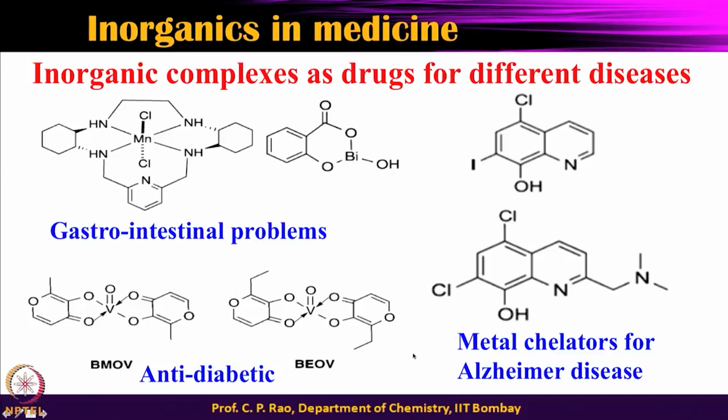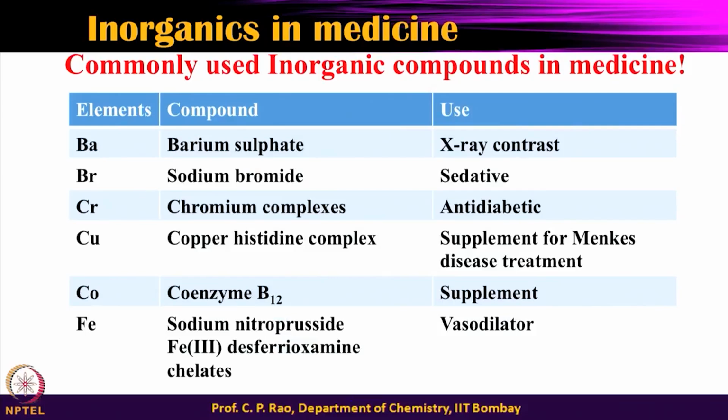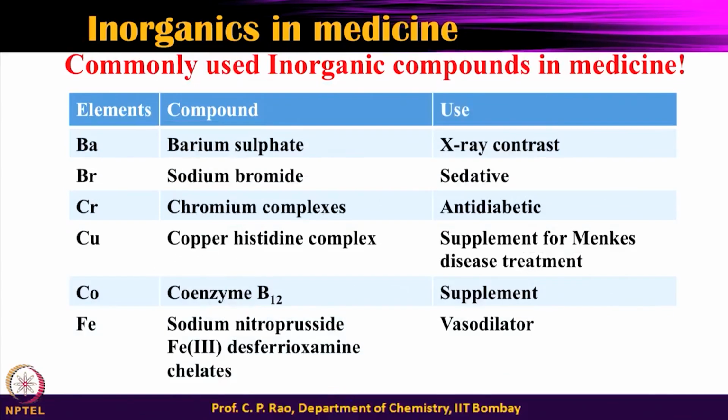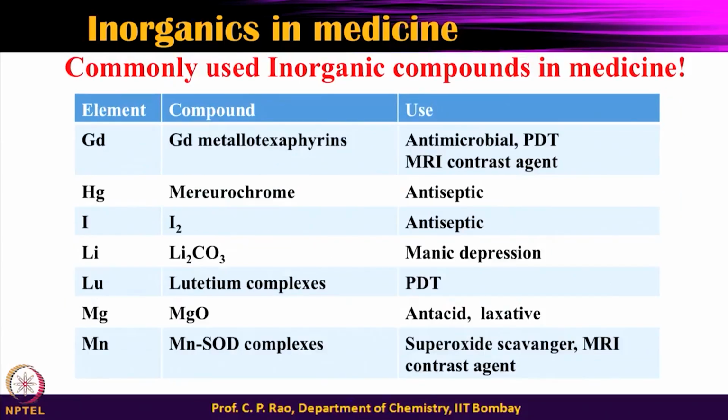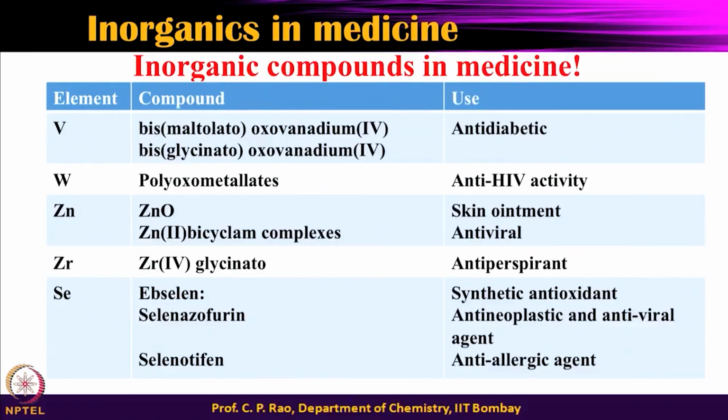So, we have seen a number of cases, as you see from here, these are all given in alphabetical order: silver, aluminum, arsenic, gold, bismuth, barium, bromine, chromium, copper, cobalt, iron, gadolinium, mercury, iodine, lithium, lutetium, magnesium, manganese, platinum, ruthenium, antimony, silicon, tin, technetium, titanium, vanadium, tungsten, zinc, zirconium, selenium.